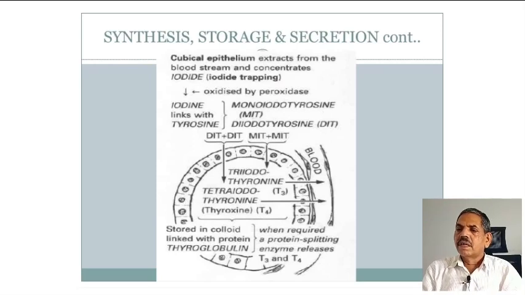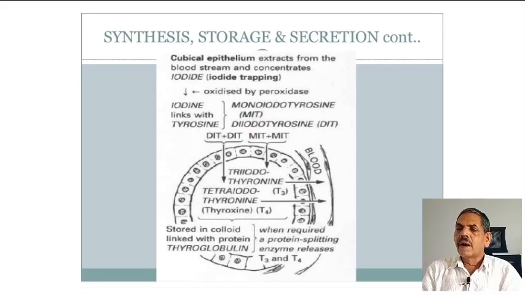organification of iodine with the tyrosine will result into the diiodothyronine and monoiodothyronine.